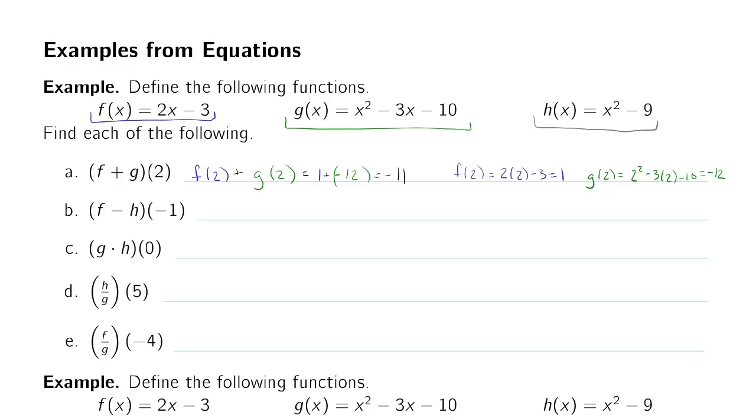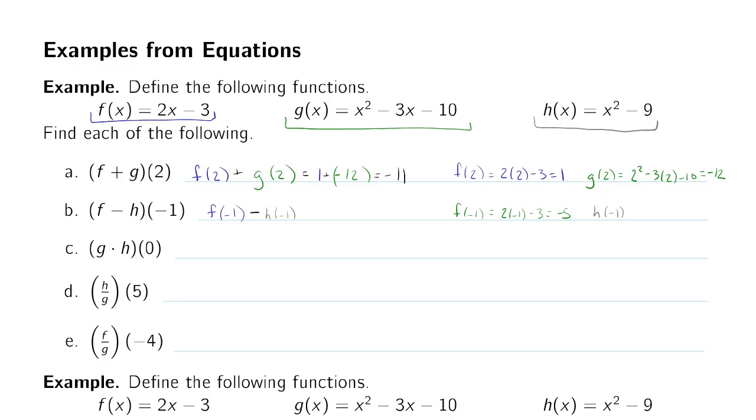If we want to take f minus h of negative 1, that'll just be f of negative 1 minus h of negative 1. So we'll work out f of negative 1 is 2 times negative 1 minus 3, which is negative 5.